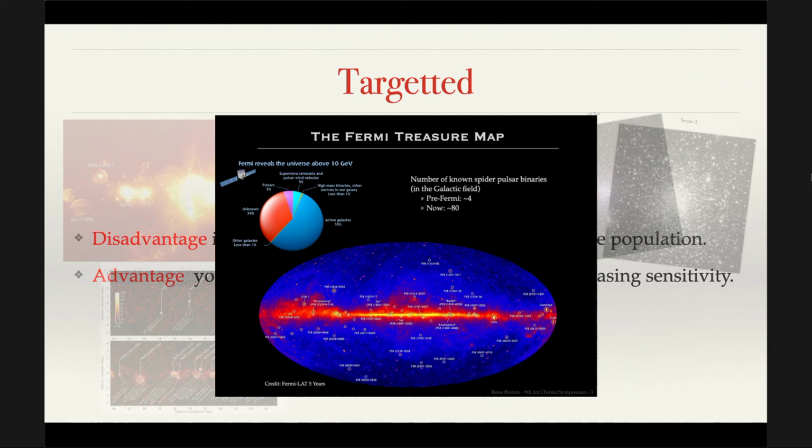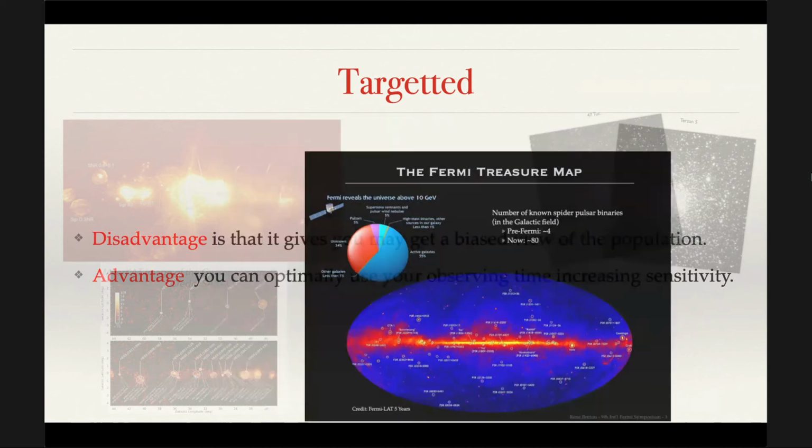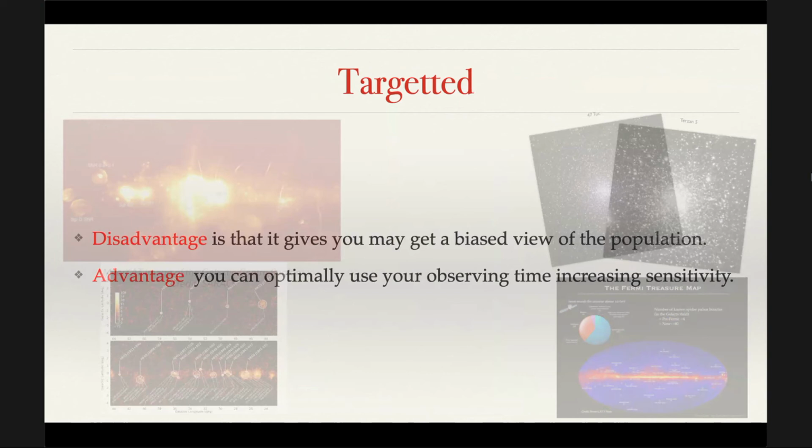So again, we can use this information from the Fermi telescope to guide us as to where to look. But again, we're biased because we're most likely to find energetic young pulsars or millisecond pulsars. So we've got this choice to make between targeted and untargeted searches.